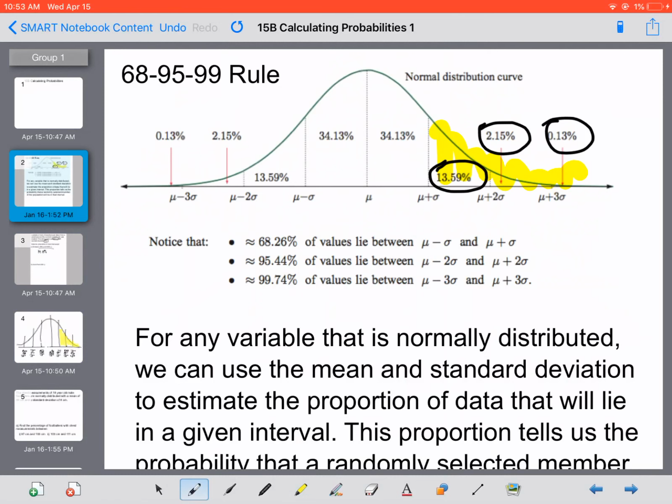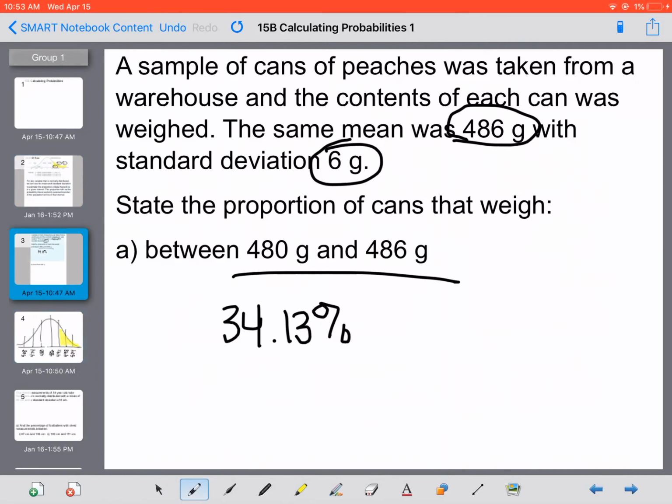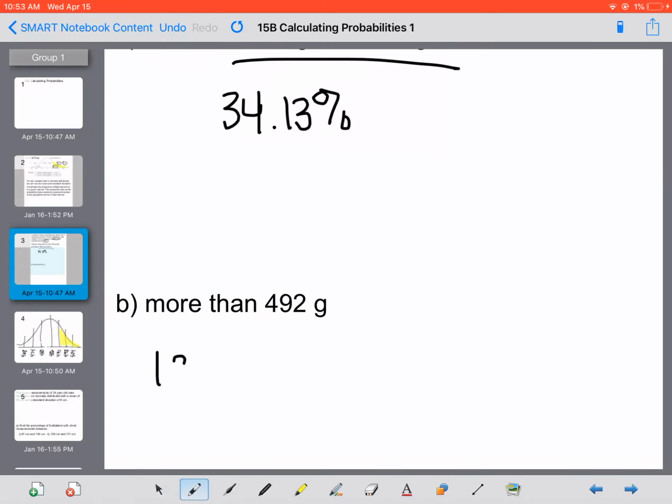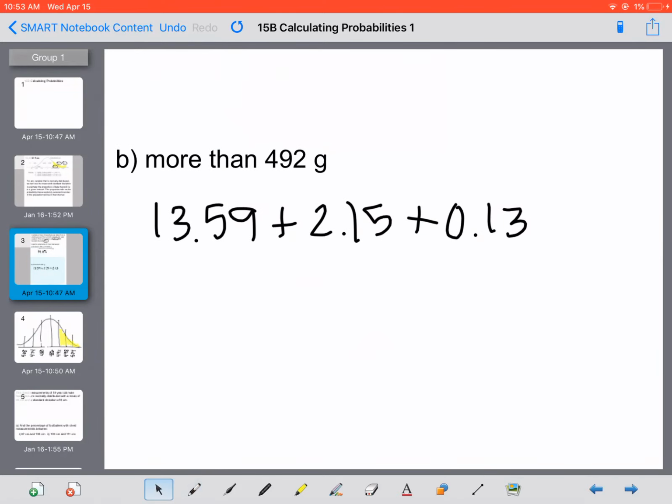So this is going to be 13.59 plus 2.15 plus 0.13, which is really going to be 13.59 plus 2.28.